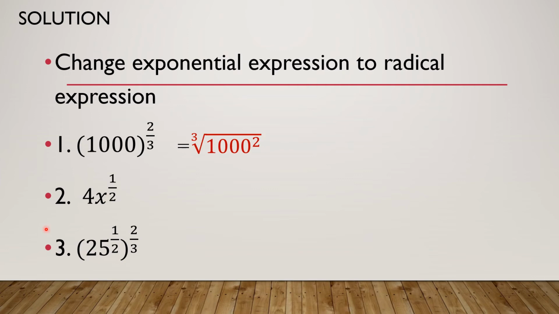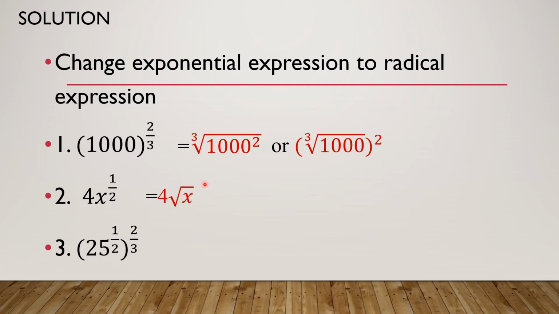Then, the other answer is, ito po yung form na to. Same lang po silang dalawa. So, for number 2 po, 4x raised to 1/2, kung mapapansin nyo po, yung 4 po ay hindi po rational exponent. So, ang gagawin nyo lamang po is, copy lamang po natin yung 4. Then, since 2 po yung denominator, kasasabi ko lamang po, no need to write as our index.